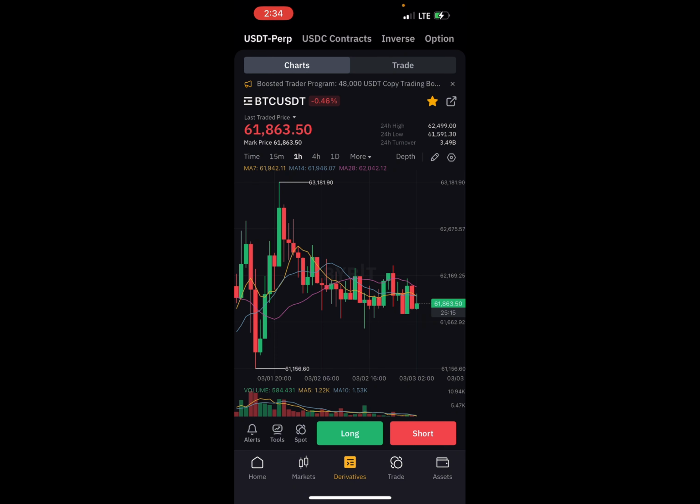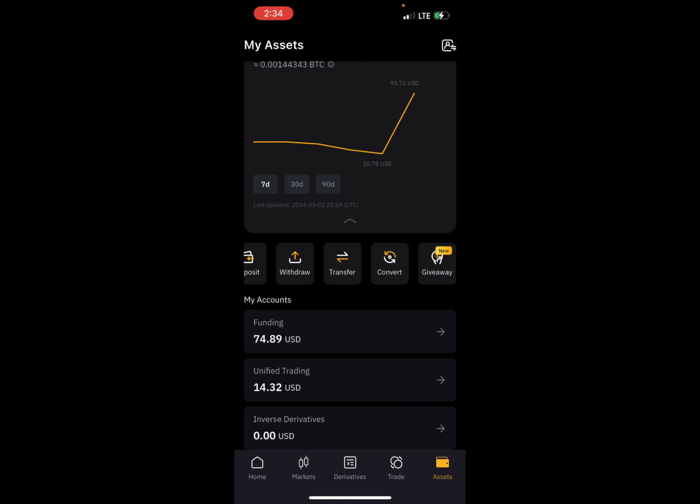Right now you have to transfer funds. If you have not, you have to transfer your funds to the unified trading account before you can trade. Let's say transfer.